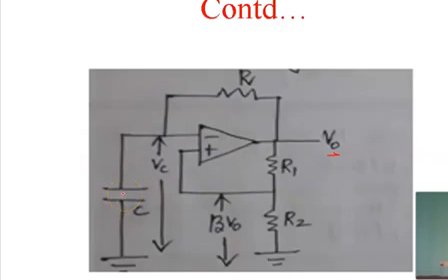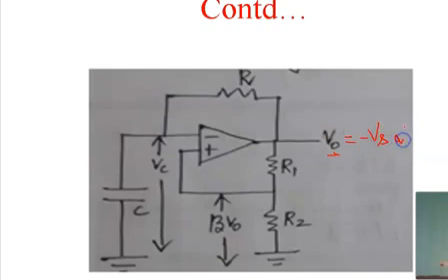The capacitor keeps on charging. At a particular time instant, the voltage across the capacitor exceeds the voltage at the non-inverting terminal of the op-amp. Once that happens, the output voltage V0 becomes minus V saturation.